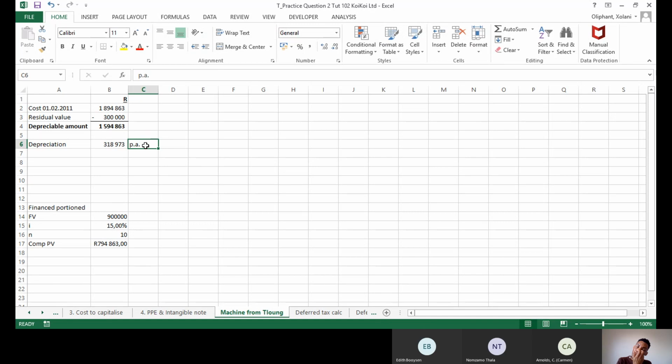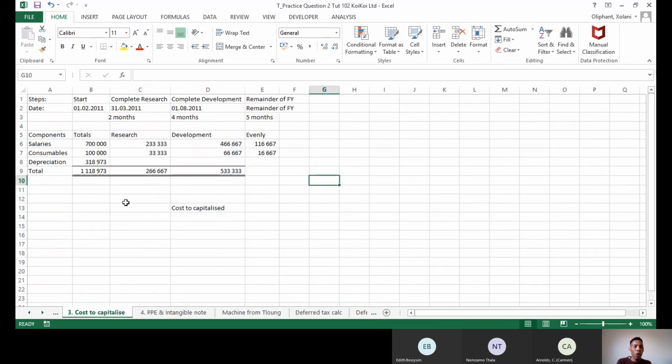But then remember, this depreciation is only per annum, right? Fine. Now, if we go back to say that is our depreciation per annum, now we need to determine the depreciation per month, right?